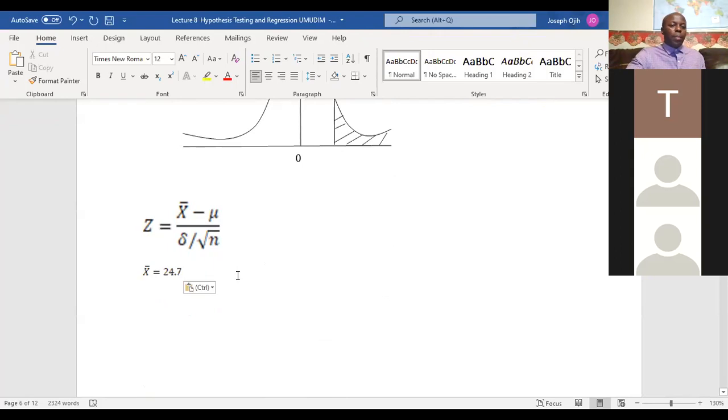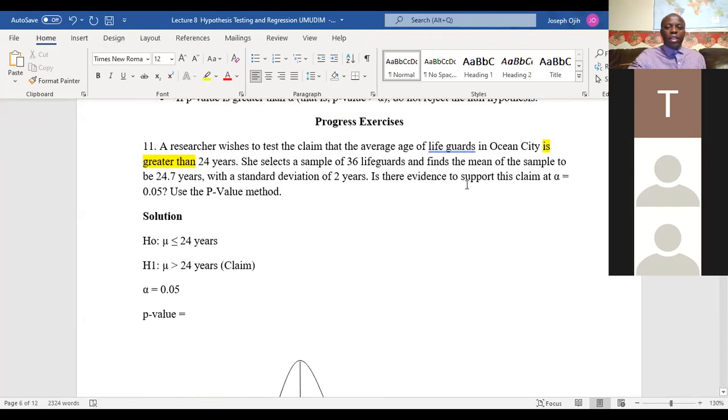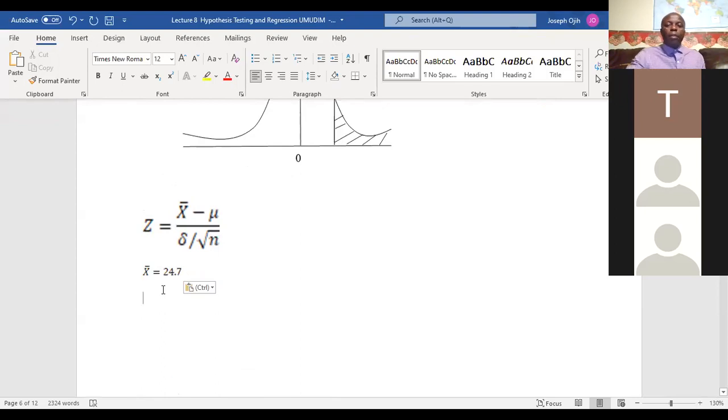Okay, the population mean. It says the average age for all the lifeguards in Ocean City is 24 years. So that's the population mean, 24 years. For that one, we can get a character from here.